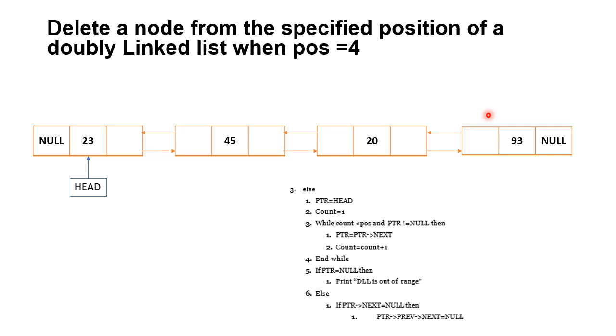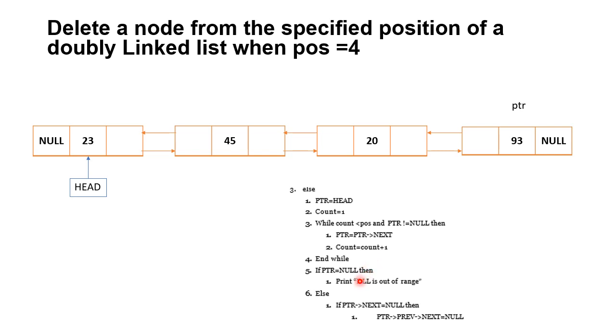And for that, set pointer equal to head, and you can start a counter, count equal to 1, so that you can stop when we reach position equal to 4, and for that purpose this variable is used. So traverse through the doubly linked list until the PTR variable or pointer reaches the node to be deleted.